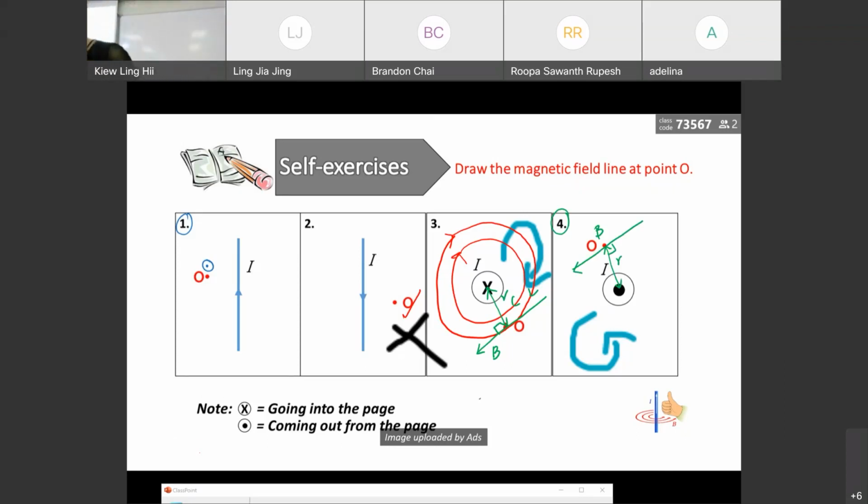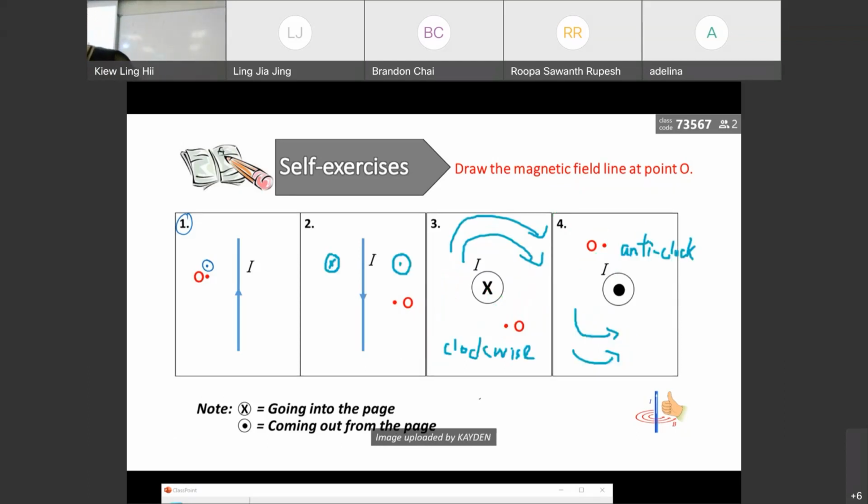It's the same also in this case. This one has to be like this. This will be your magnetic field, and it is perpendicular to your R. Same here. This will be your magnetic field, perpendicular to R.